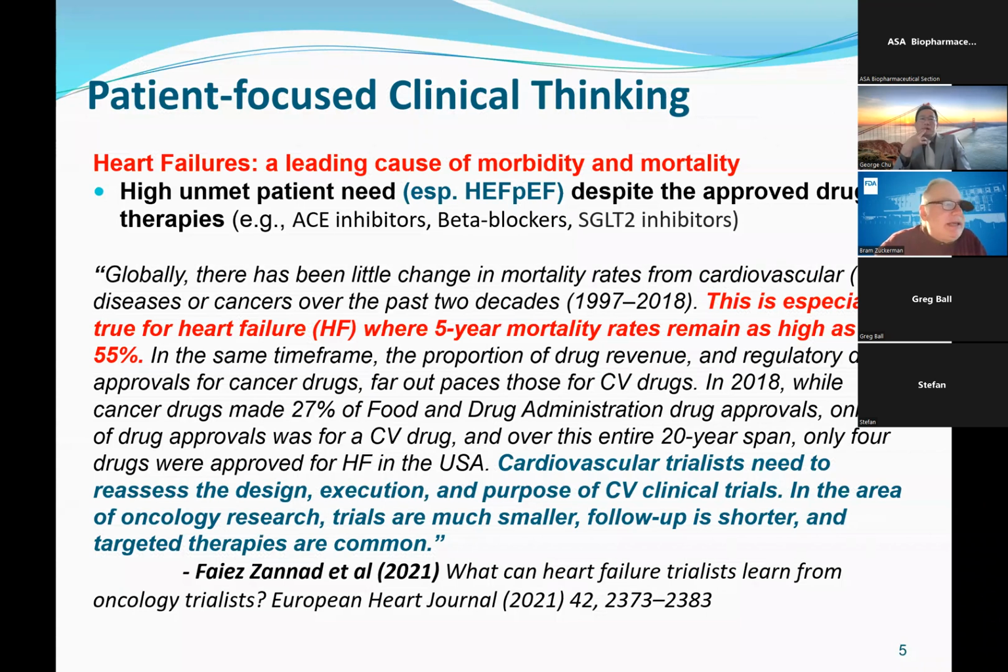And certainly his point, along with many other people on this panel, was that there's a lot of room for innovation and new thinking in this area, given the burden that heart failure places on our society and on our patients.